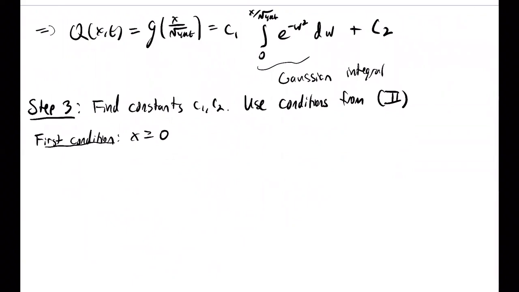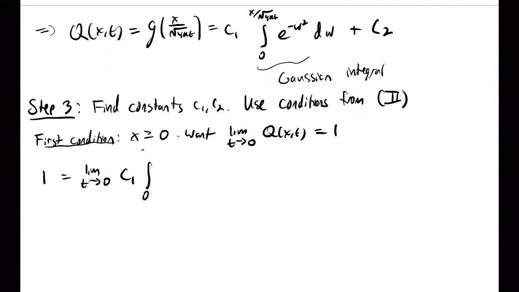And so in this case, I want the limit as t goes to 0 of q of x, t when x is bigger than or equal to 0 to equal 1. And so therefore, I should have 1 is the limit as t goes to 0. I'm going to replace q by this integral we found, c1 times the integral from 0 to x over the square root of e to the minus w squared dw plus c2.